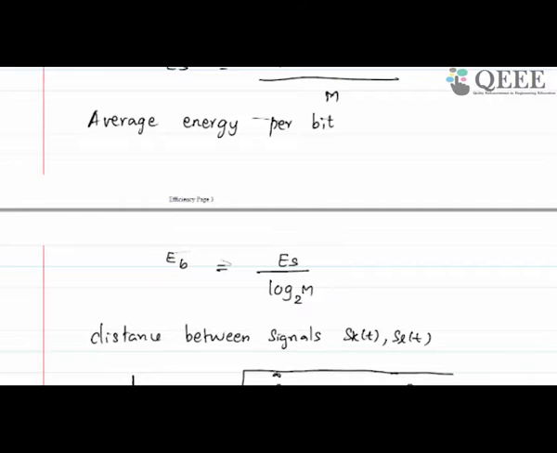So you are spending an energy of Es to send a symbol, but since a symbol has log m bits, the energy you spend to send 1 bit is basically Es by log m. This is called Eb, energy per bit.